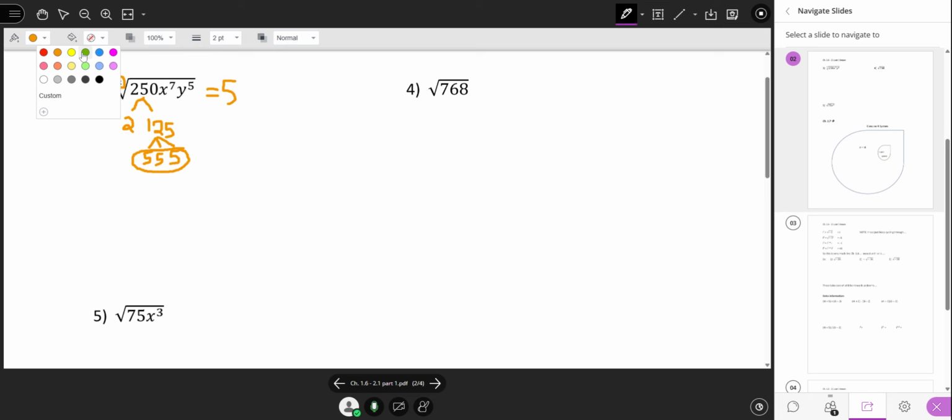Now let's deal with our variables. 1, 2, 3, 4, 5, 6, 7. 1, 2, 3, 4, 5. So here's our teams. 1 and 2 and 1. And here's our scoundrels.